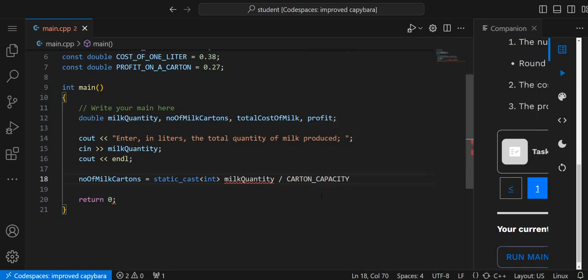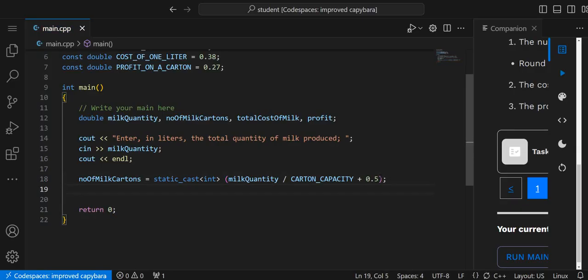Found it. And then plus 0.5. And where is my? Okay, I left this out. That's why. There we go. Then we do that.